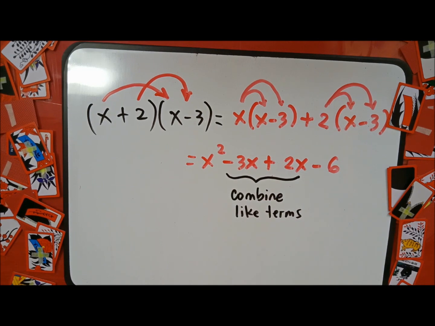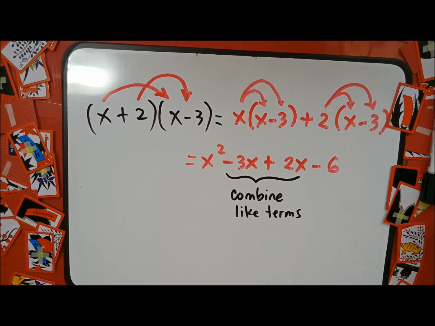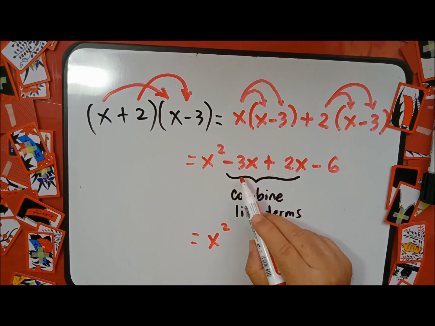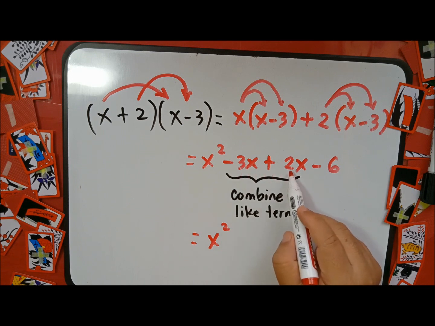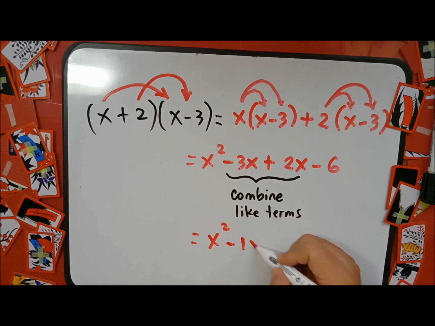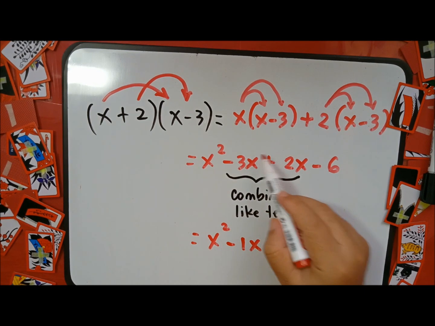So what will you do with this? Combine like terms. This will become x squared, copy. Negative 3 plus 2. Different sign, subtract. Copy the sign of the greater number. 3 minus 2 is 1. Then copy the x. Remember, do not add the exponents.